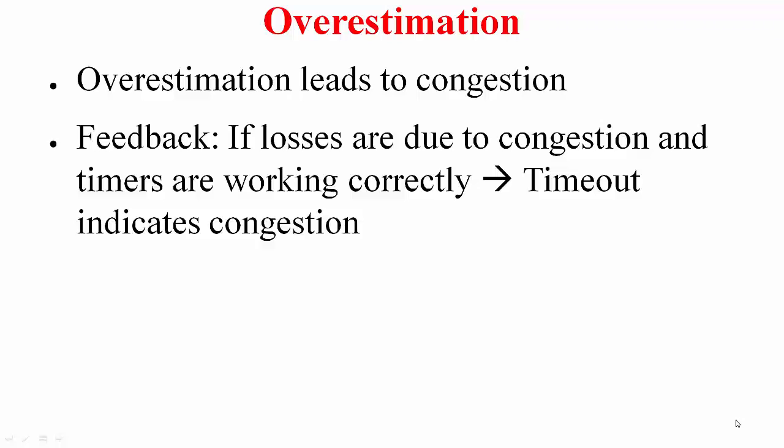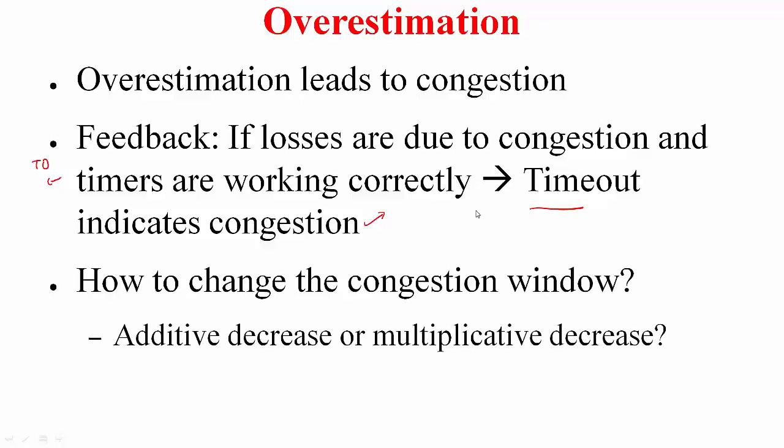And if your timers are working correctly, by timers I mean the timeout timers, then the timeout invariably means that some congestion is happening as part of the network because your packet was lost. So if a sender experiences a timeout, it can view this as a signal that there is congestion in the network. Suppose you are operating with a window size of W and then the sender timed out, whereby you are concluding that the network is congested.